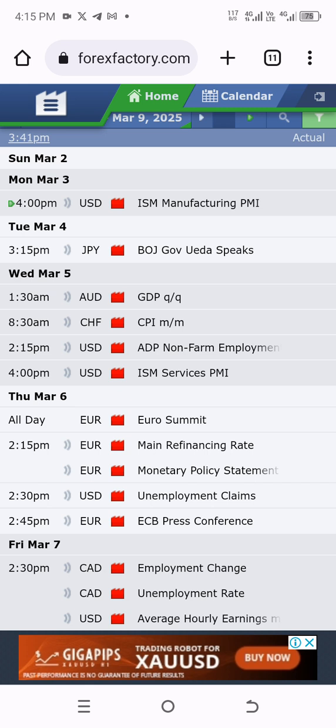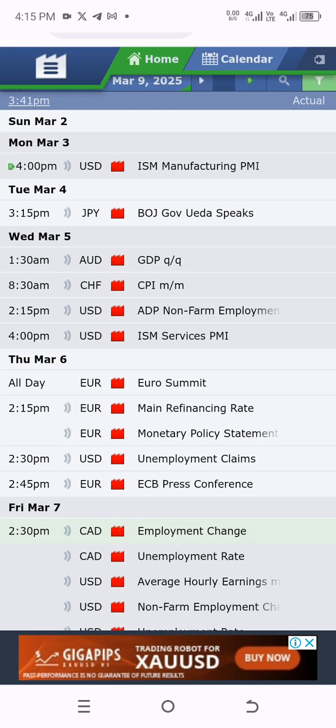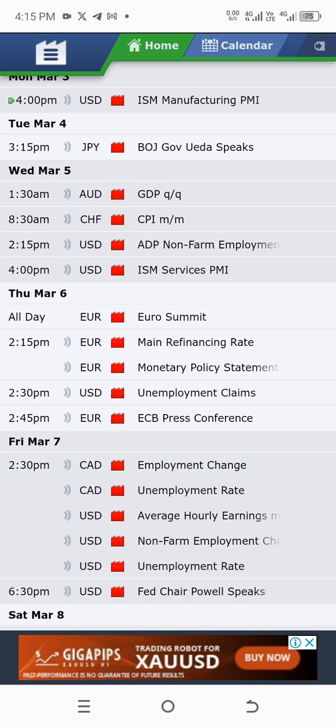On Monday we have a new red folder. On Tuesday it is for JPY. On Wednesday we have USD, but our focus is basically on USD because we are talking about the FX triad. So we have Monday, Wednesday, Thursday, and Friday. We have our FOMC, and we have NFP this week.